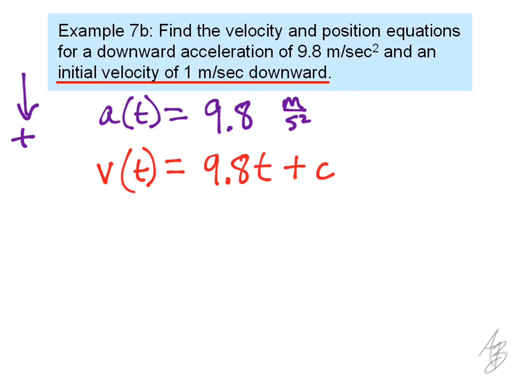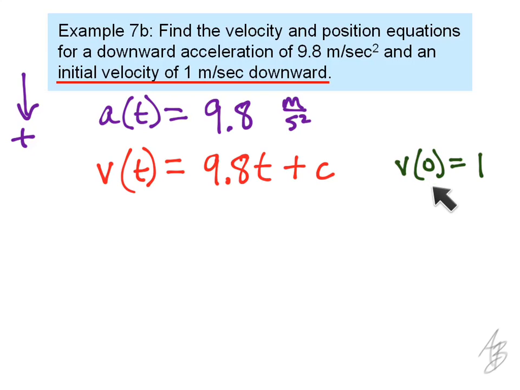What does it mean when initial velocity is 1 meter per second? What's the time going to be for the initial velocity? 0, right? So we know that v of 0 is equal to 1. Why not negative 1? Because we said the acceleration is positive. We said downward is positive, exactly.